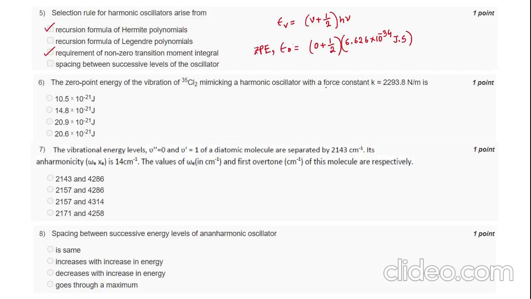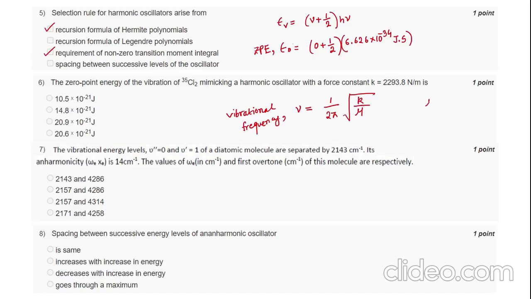That is not given, but the molecule is given and your force constant is given. So if you remember the relationship between nu and these things, let me write: nu, the vibrational frequency, is related to the force constant by this formula, right? 1 over 2 pi root of force constant by the reduced mass.